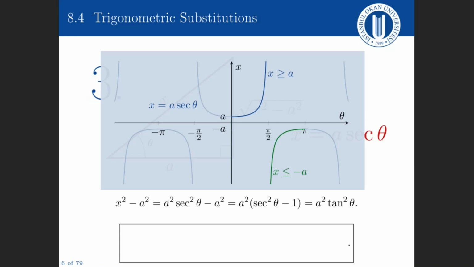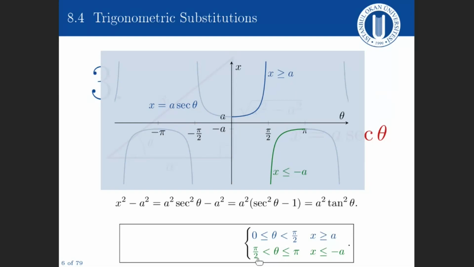Now, this time I don't want to be between minus pi over 2 and pi over 2 because that would only give us positive x. I want all the possible values of x. So I'm going to be looking between 0 and pi over 2 and between pi over 2 and pi. If theta is between 0 and pi over 2, that's the same as saying that x is greater than or equal to a.